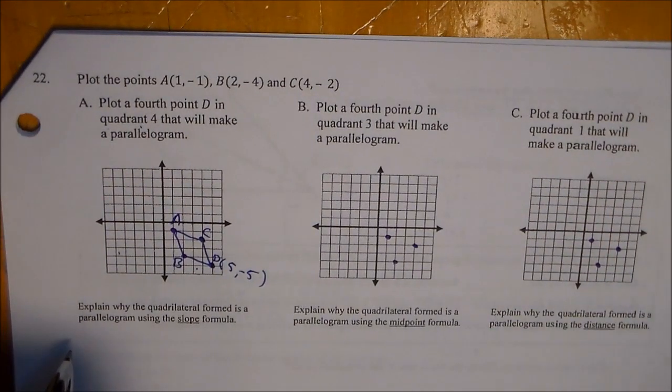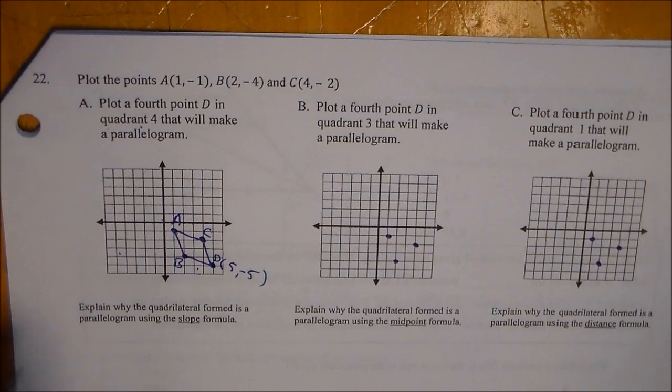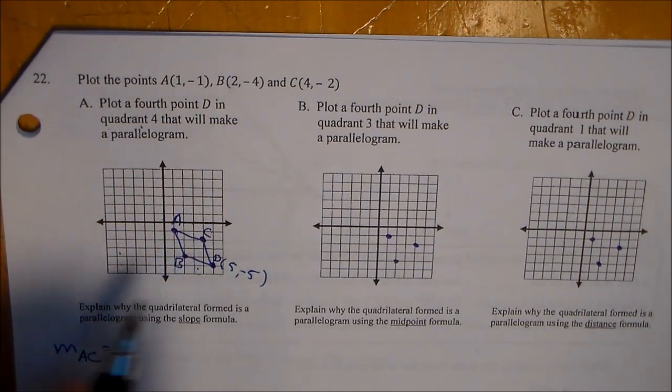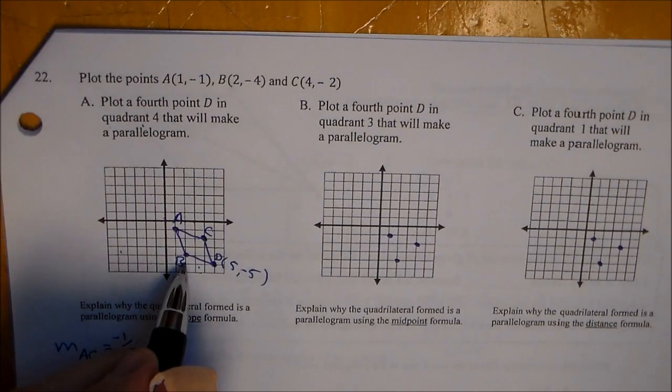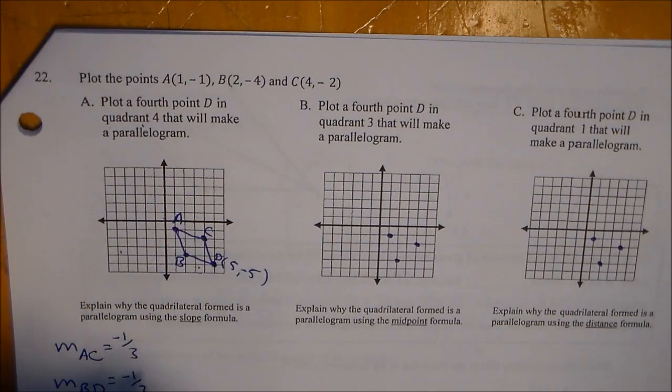slopes because the opposite sides should have the same slope. It makes them parallel. So the slope of AC, we said, is down 1 over 3, so that's negative 1/3. The slope of BD is down 1 over 3, so that's negative 1/3. That makes these parallel.